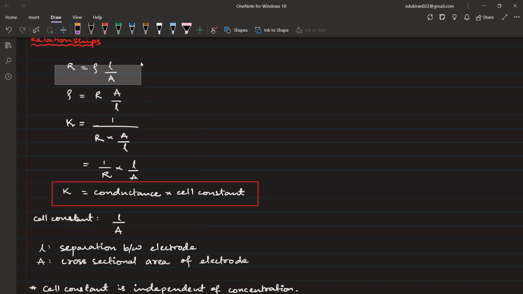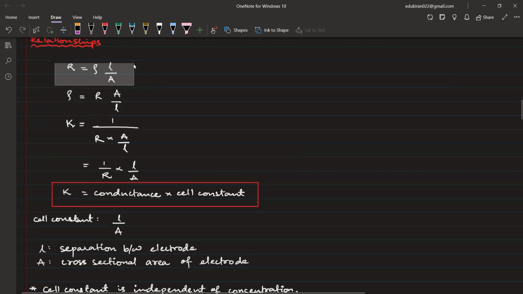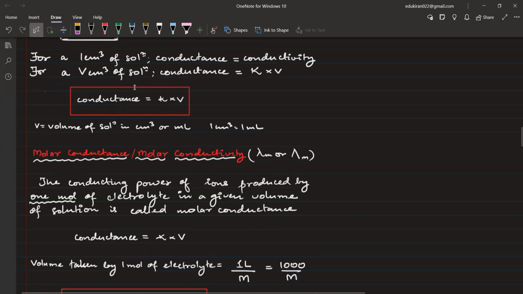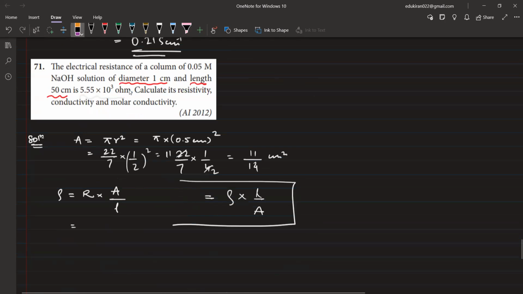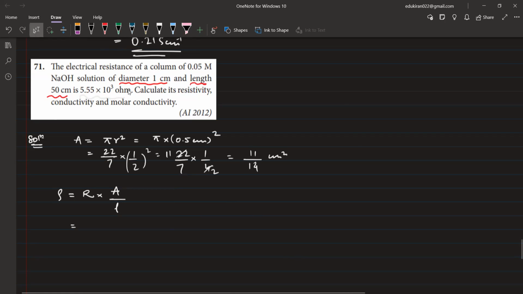Yes, sir. है ना? ये आप लोग मतलब you will be telling me this formula R is equal to rho into L by A. ठीक है, चलिए. So resistivity will be equal to resistance into A upon L. Resistance is 5.55 into 10 to the power 3.